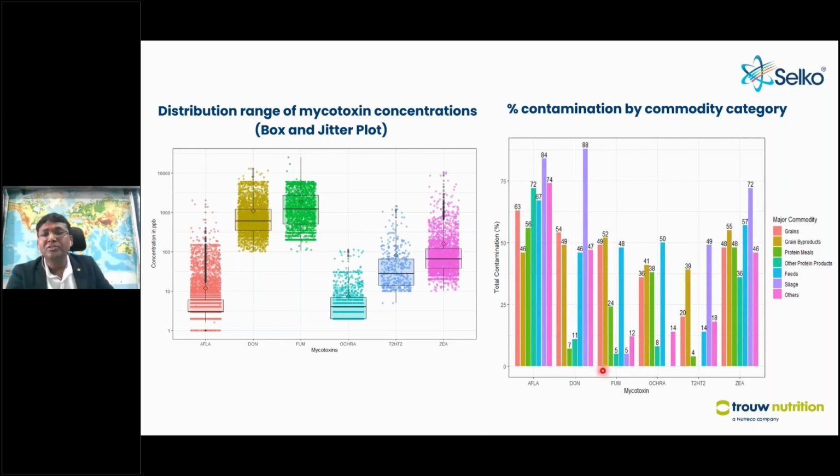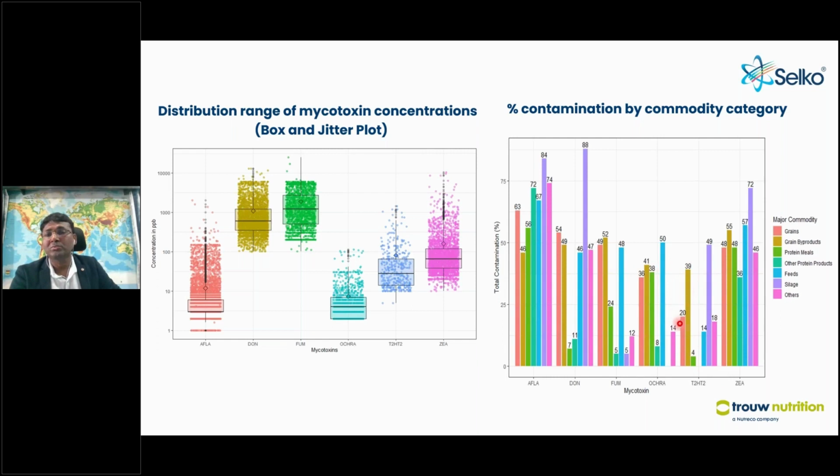And then you have fumonisins. Again, we expect high levels in the grains. That's common. Grain products also common, predominantly maize. But we also see it in the feeds, because feeds also contain a significant amount of corn, so we tend to see high levels. Ochratoxin is across, except for the other protein products, where we see a relatively lesser percentage.